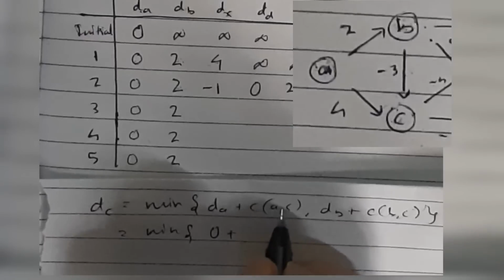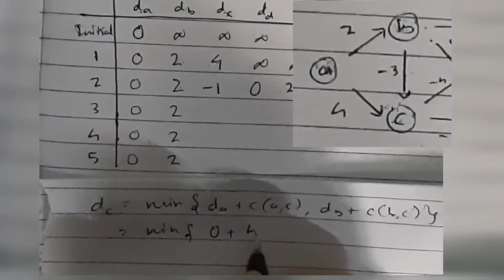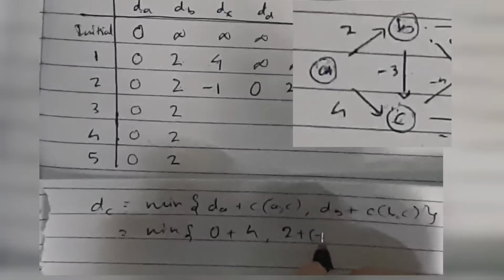It is 0, plus cost of A to C, which is 4, comma dB, whose previous value is 2, plus cost of B to C, which is minus 3. So when I do this, I get the minimum value minus 1, and I'll write it here as minus 1.